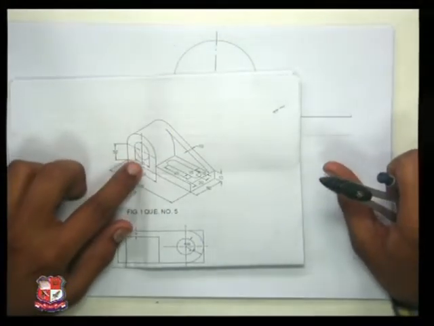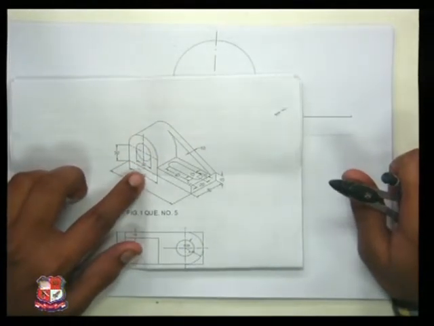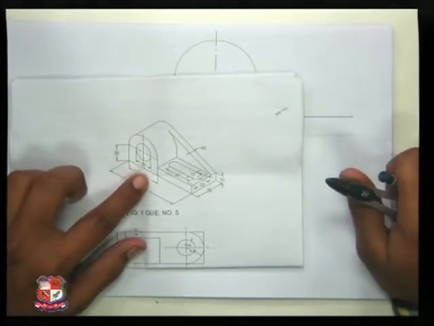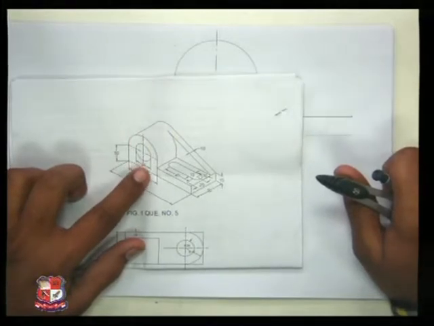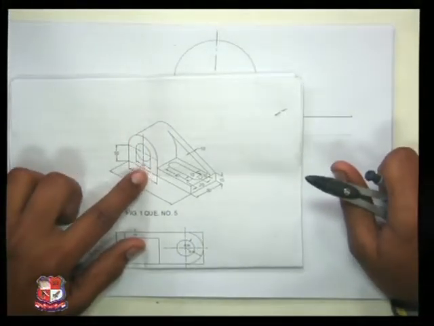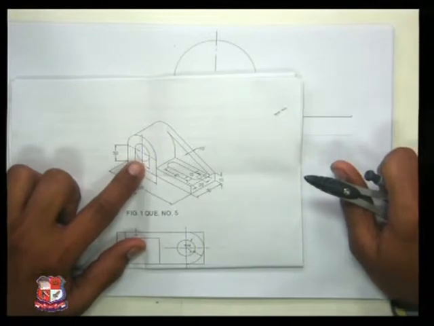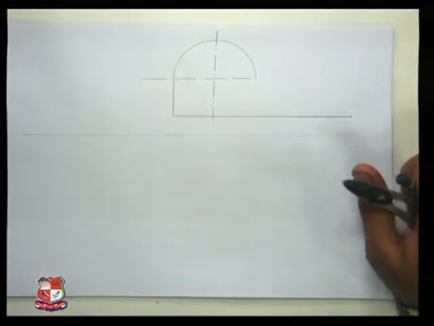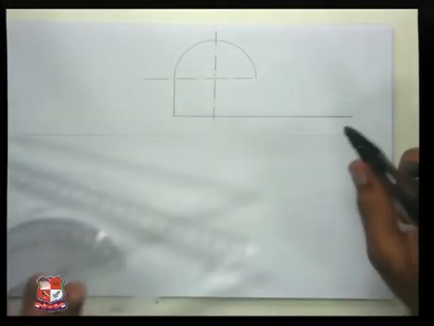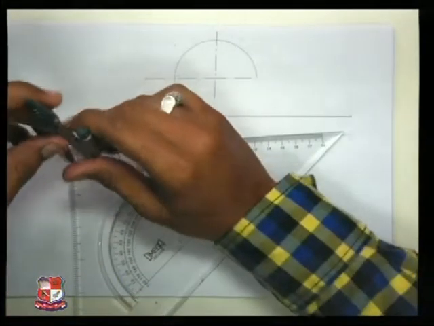One smaller circle is also given. Its radius is 15 mm, which means that its diameter is 30 mm. So with the same center, we will draw another circle of radius 15 mm. We will take a radius of 15 mm.